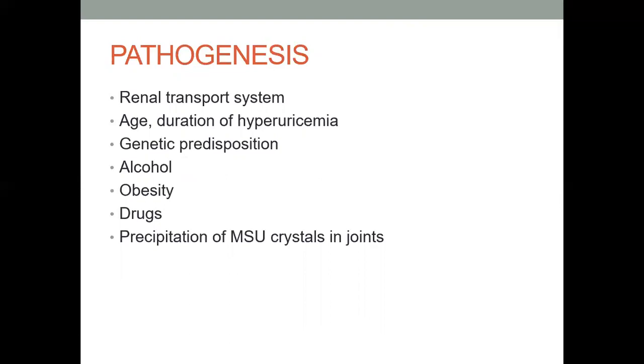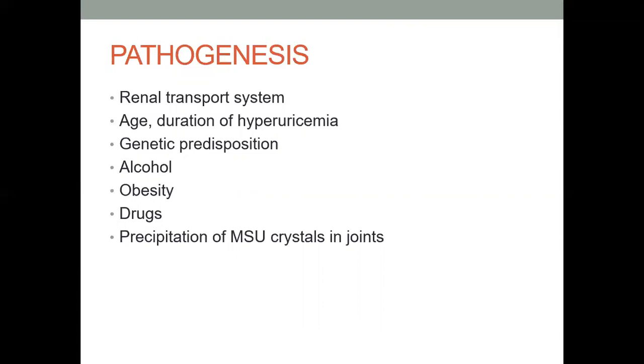Along with this, the age of the patient, duration of hyperuricemia, genetic predisposition, alcohol consumption, obesity, and certain drugs are also related to the pathogenesis of gout.